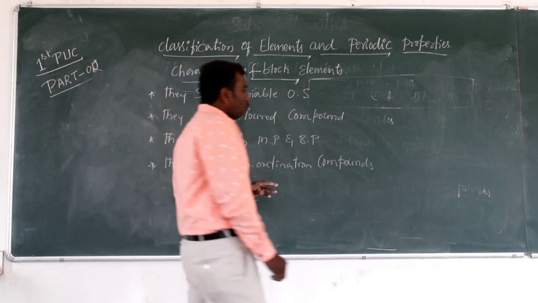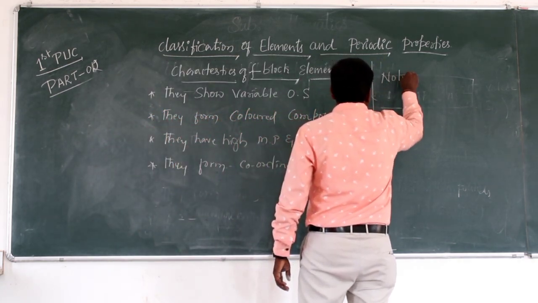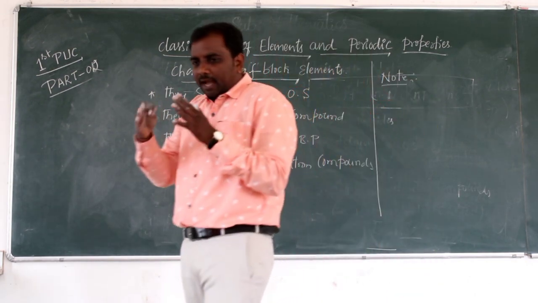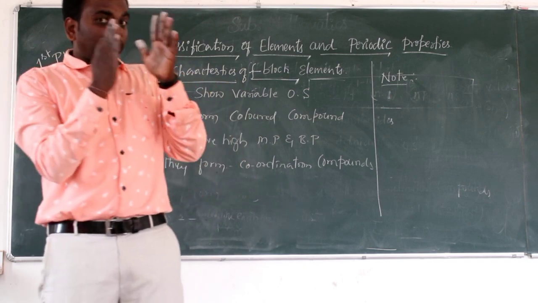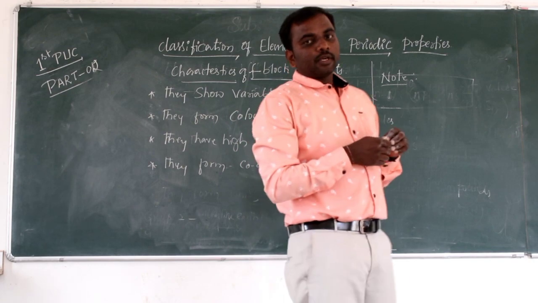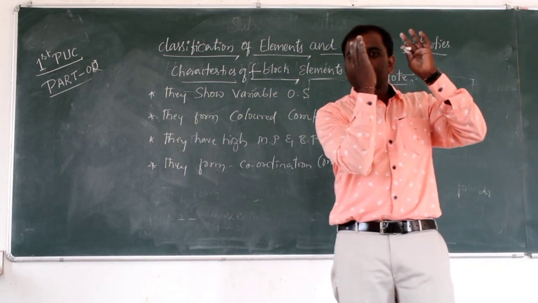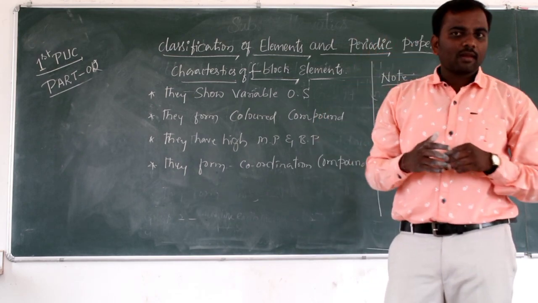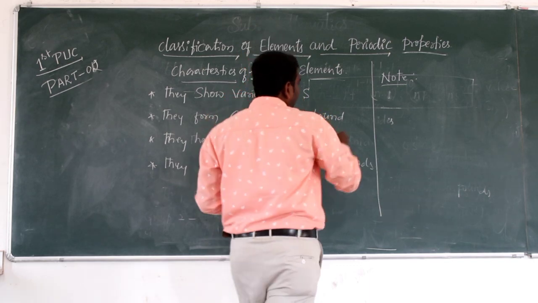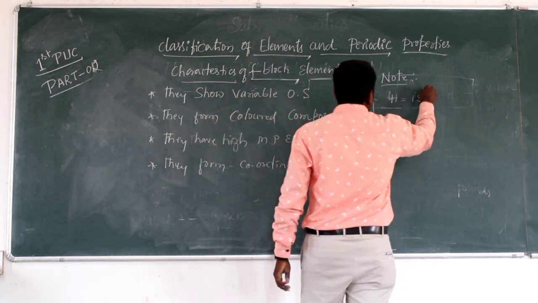Here, one note is very important. In the periodic table, consider hydrogen. Hydrogen is placed separately at the top of the periodic table because of its electronic configuration, 1s1.